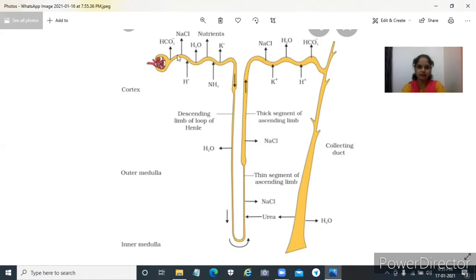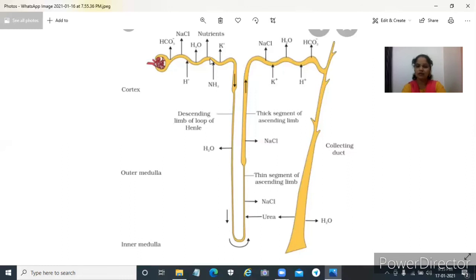The PCT can absorb 99% of the glomerular filtrate. The glomerular filtrate is 99% absorbed in the PCT as well as in the DCT. Look here. The high threshold substances like glucose, amino acids, calcium, Na+, Cl- are actively absorbed against the concentration gradient.